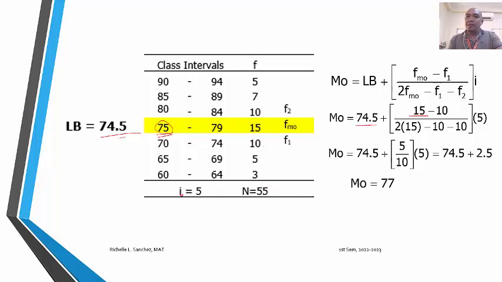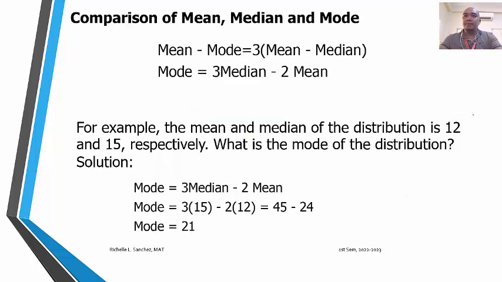As we determined earlier, the frequency of the modal class is 15, minus the frequency before the modal class, which is 10, divided by twice the frequency of the modal class, which is 15, minus 10 minus 10, times 5. Simplifying, mode is equal to 77.